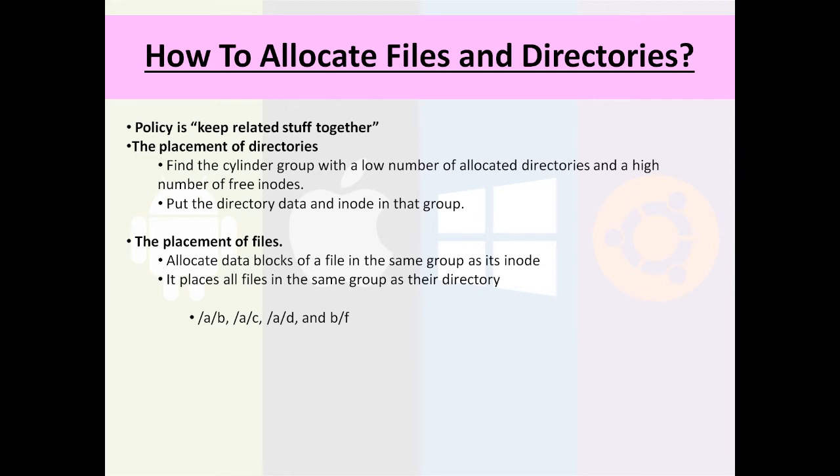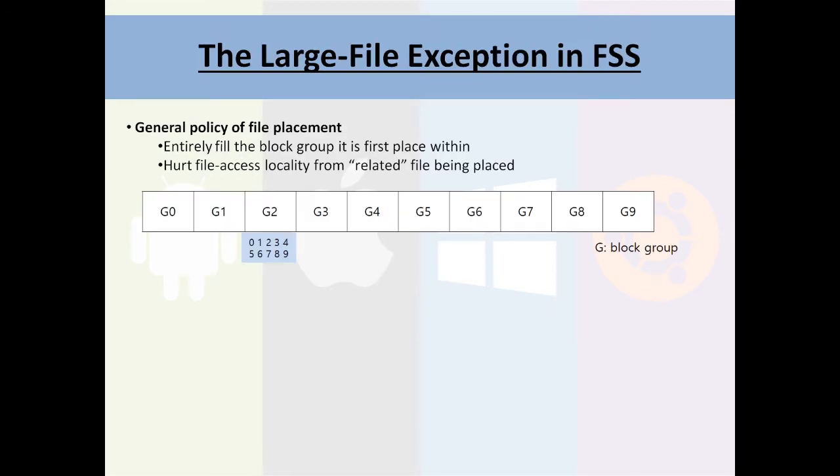Now there is one exception to this, and that is for large files. This is one important exception to our general policy for file placement, and it arises, like I said, in the cases of very large files. Without a different rule, a large file could entirely fill a block group, and that's what you can see here.